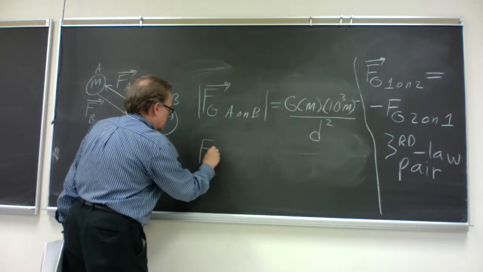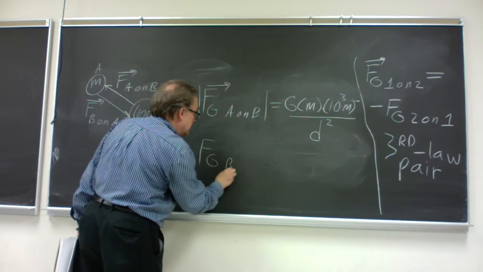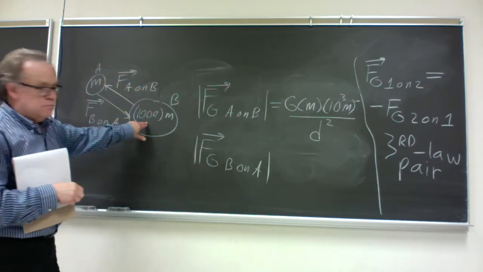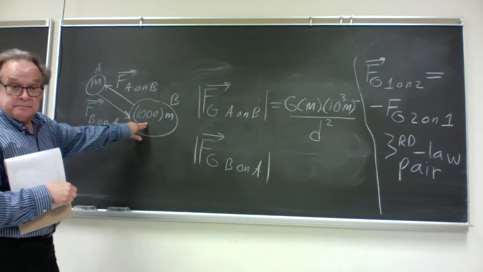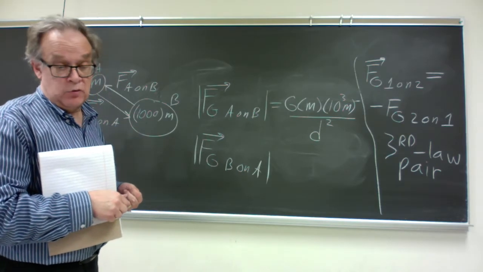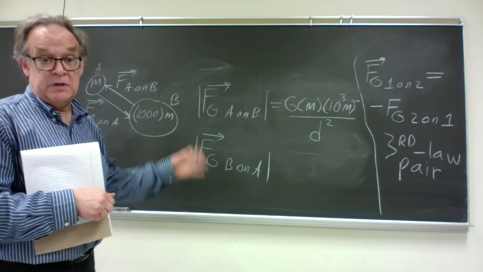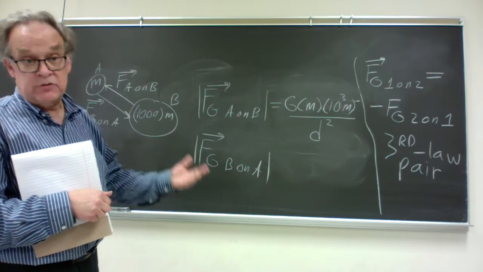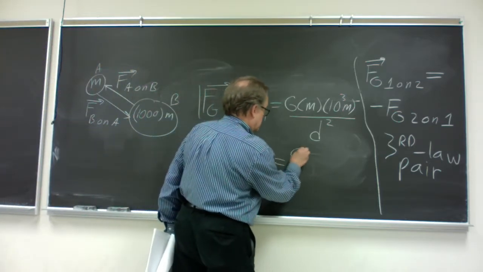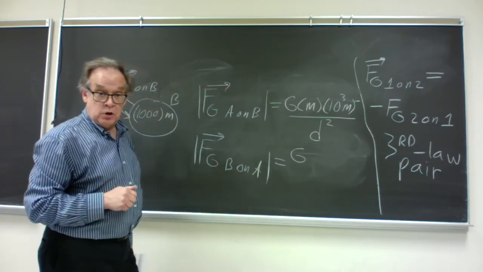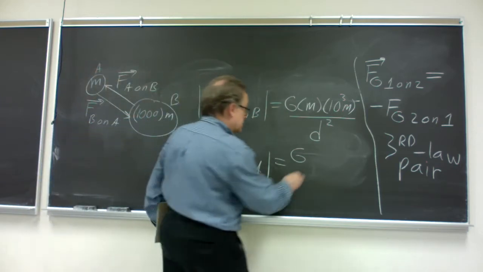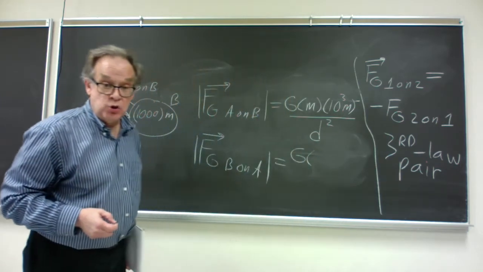Now, gravitational force from B on A. B is the more massive thing. But just because it's more massive, that doesn't result in a stronger force coming from B. It'll be just the same force because these two forces are a third law pair, so they have to be equal. In this case, the first term in the equation for the magnitude of this force is the gravitational constant G, and then next comes the mass of the source.